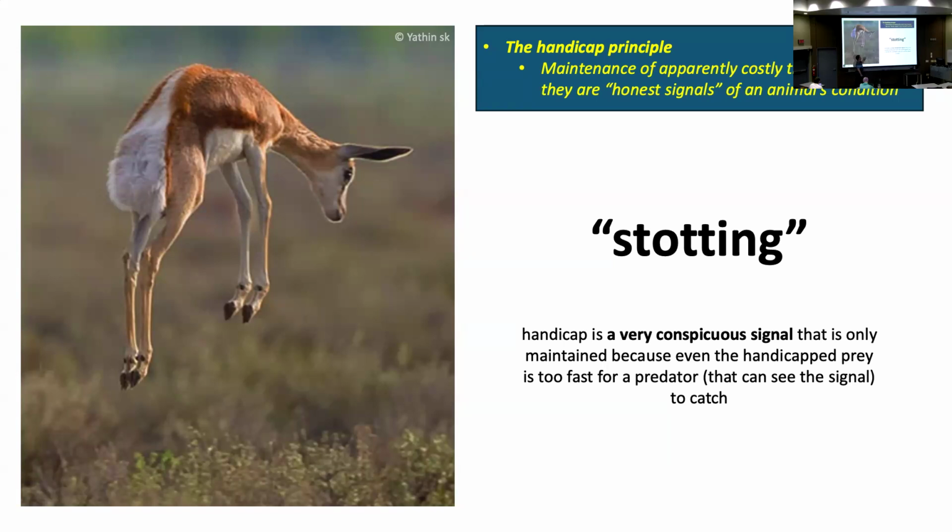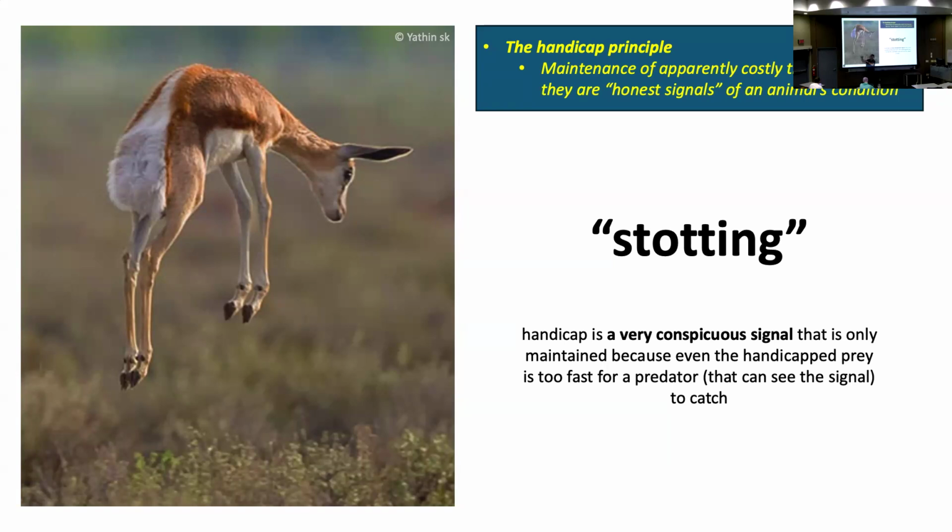And so when a predator sees this, predators that ignore this and still go after these prey end up not getting any meal. Predators that learn that they should run away from this, because it actually is an honest signal that this is fast, end up more successful, because it's a handicap.